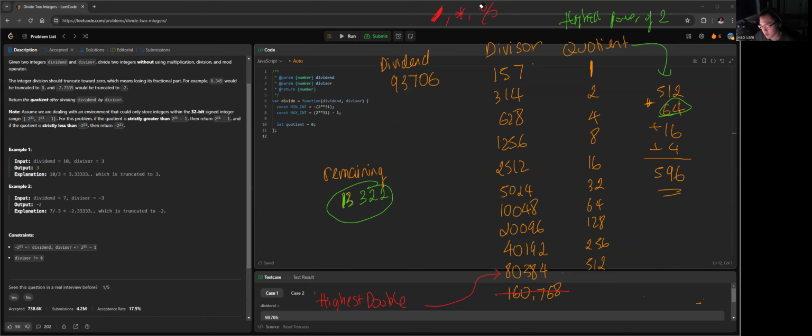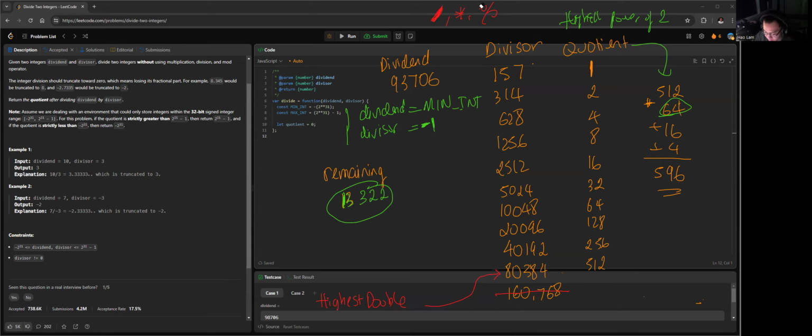And that is our whole algorithm. We can do it in O(log n) time and O(1) space. Another thing I want to mention is the edge case. If the dividend is equal to the min int and the divisor is equal to -1, we're going to have integer overflow.